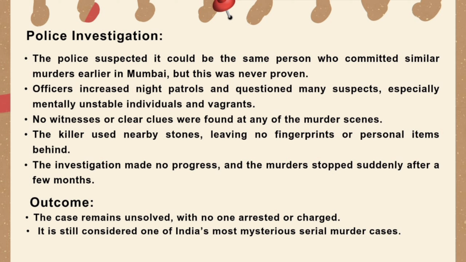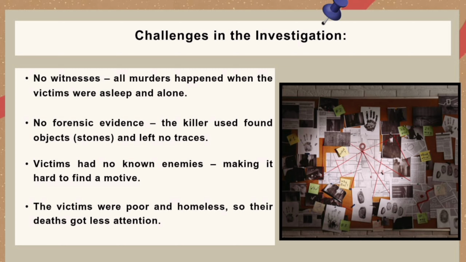The killer used nearby stones, leaving no fingerprints or personal items behind. The investigation made no progress and the murderer stopped suddenly after a few months. The outcome of the police investigation is that the case remains unsolved with no one arrested or charged. It is still considered one of India's most mysterious serial murder cases.